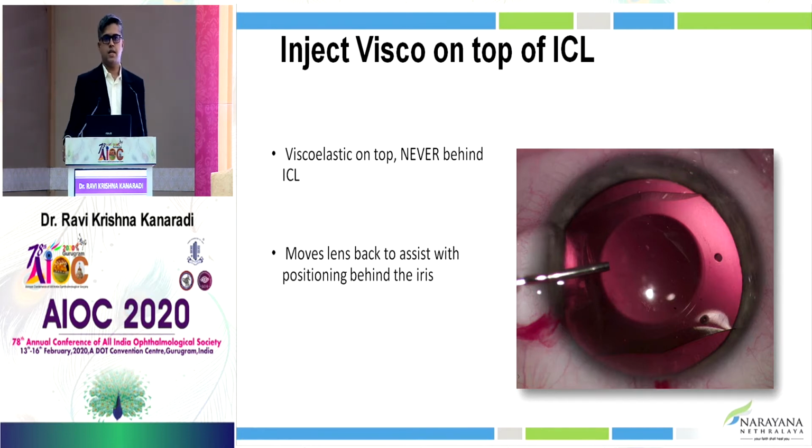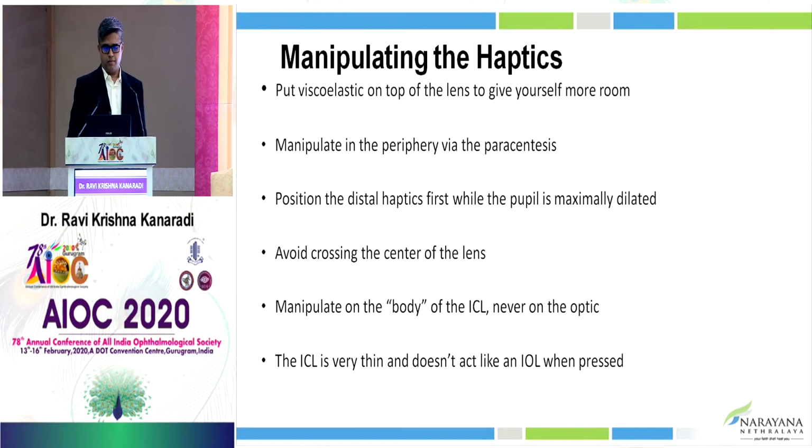After injecting the ICL inside the eye, put the visco on top of the ICL. Don't put the visco below the ICL, it will be difficult to wash out later. Then you are supposed to put the footplates behind the iris. So put the viscoelastic, then take the manipulator.